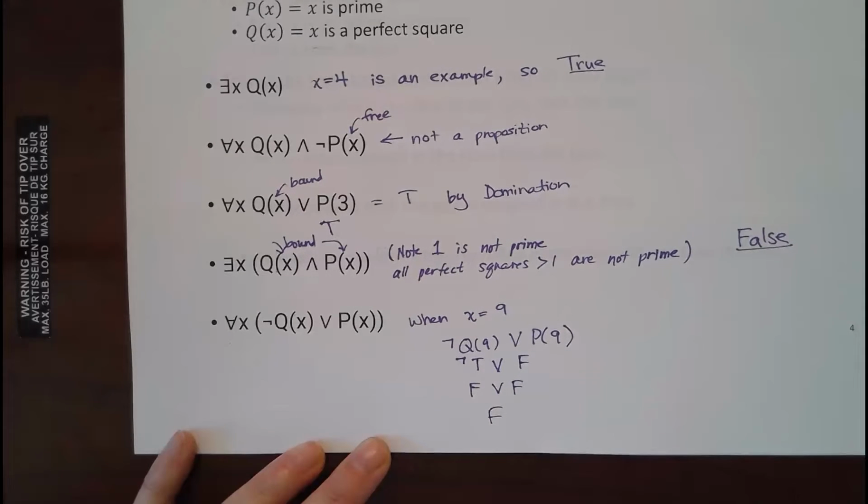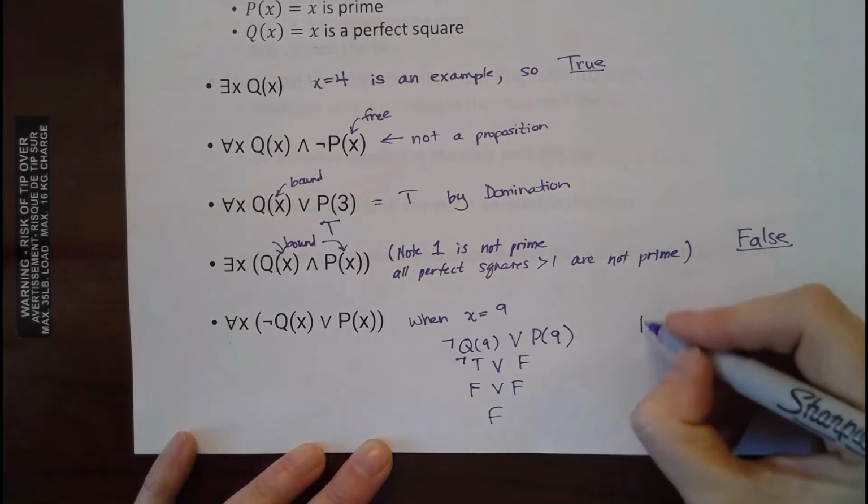So sure enough, he found a counterexample. So remember, for a universal quantifier, if I just find one counterexample, that's enough to show it's false. So this one is false.